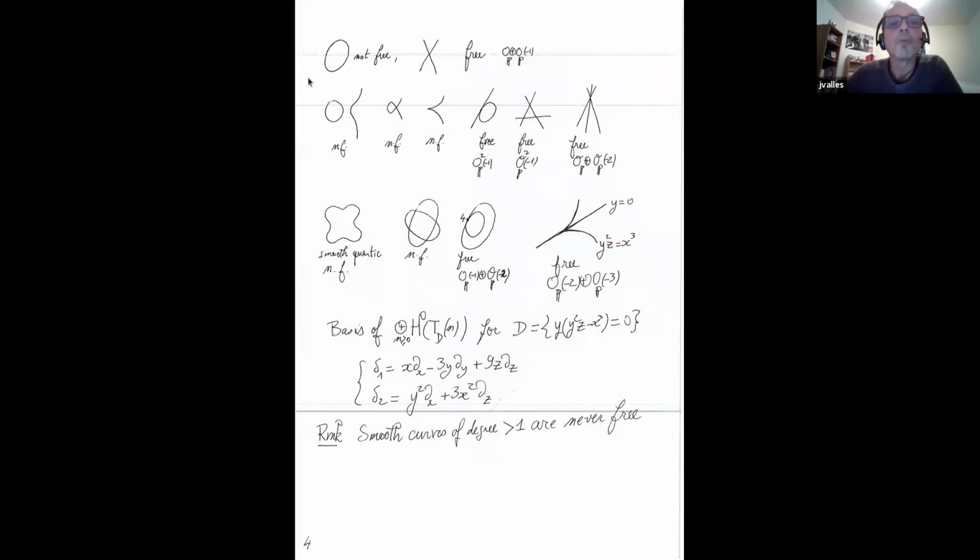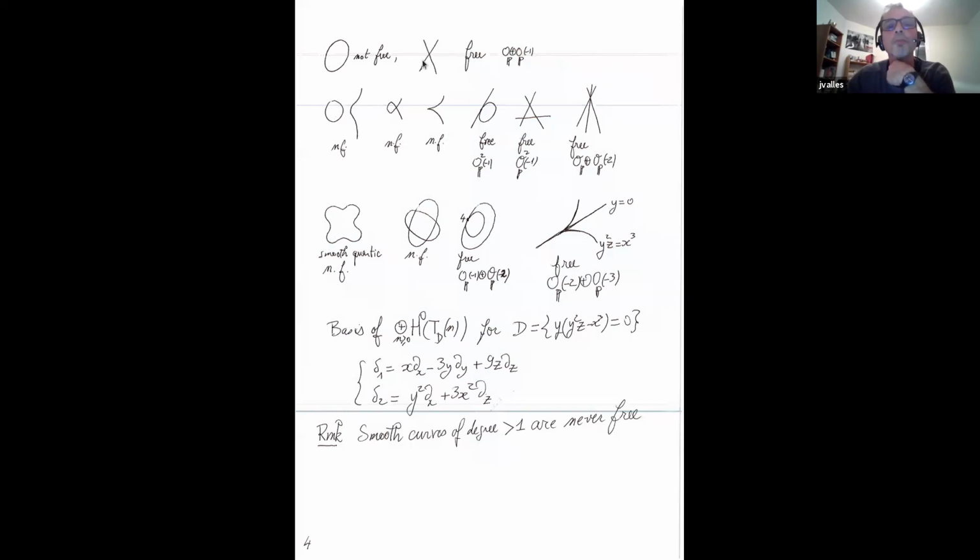So for instance, smooth curves, here a smooth conic, and then a smooth cubic. Smooth curves in general are not free. I said in general because of course a line will be free, but if the degree of a smooth curve is strictly bigger than 1, it is never free. So a conic or a cubic or a quartic are never free.